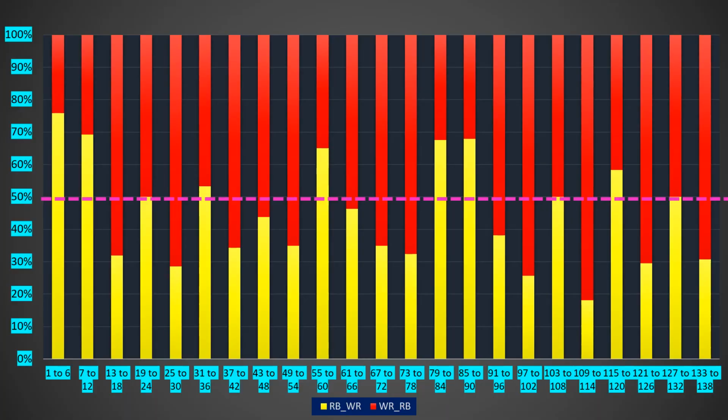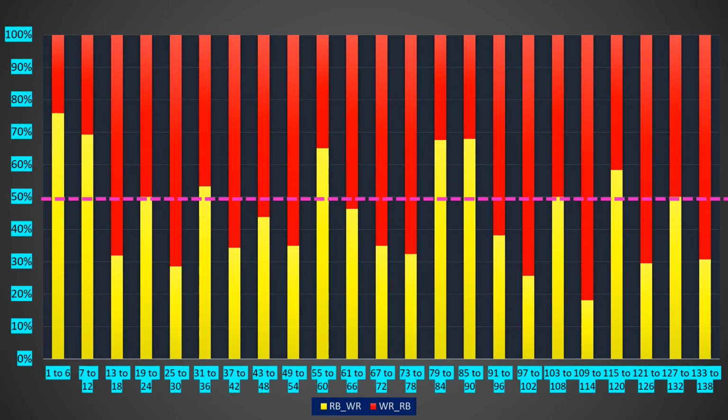Here is kind of a double bar graph. Red is wide receivers. So if you think about it, you could flip this over and this will be wide receiver, and then it peaks here. So I show the peak here.